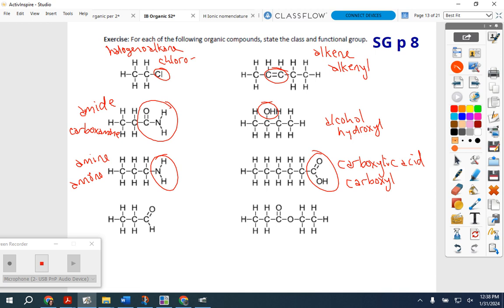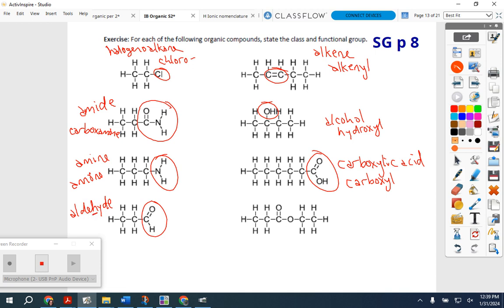All right, Lily, you are up for the next one. Okay. That's our carbonyl functional group with just a hydrogen on the end. And we remember that because aldehyde has an H in it.